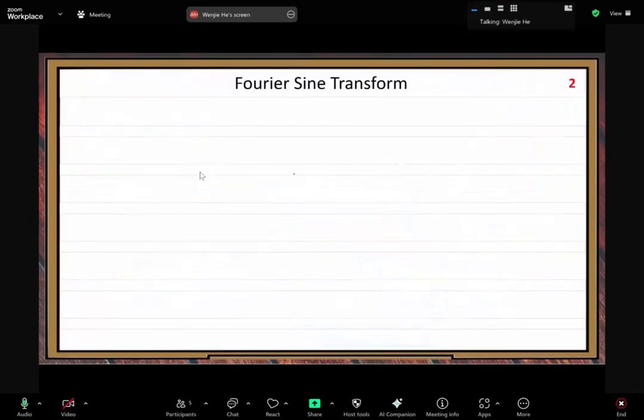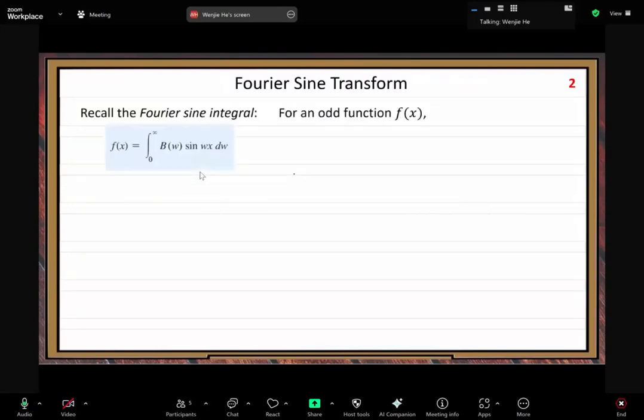Similarly, we understand the Fourier sine transform from the Fourier sine integral. Here you can see we just need to change that constant, using the root of that constant. Then we can write the Fourier sine transform directly.